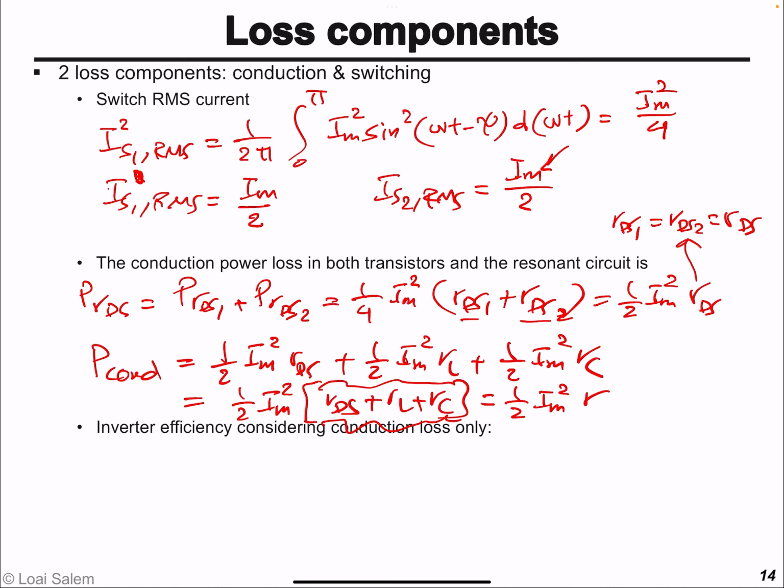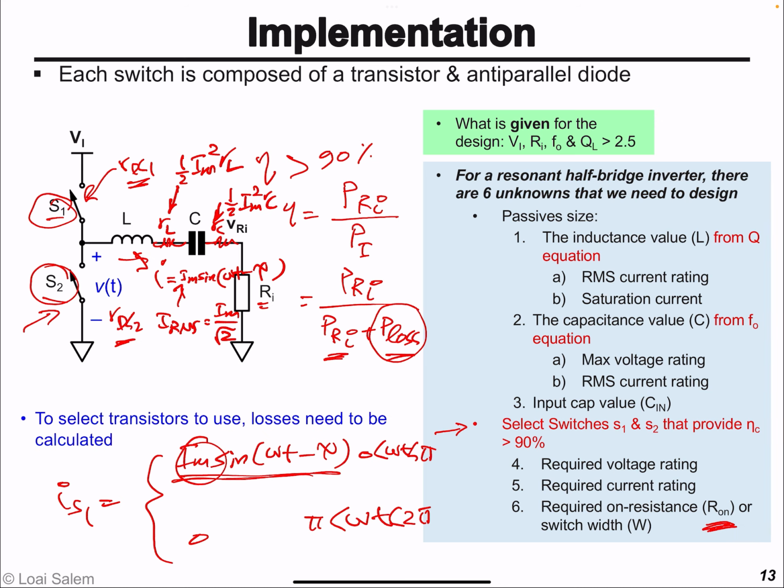Now, this calculation doesn't take into account the conduction loss that happens in the parallel diode, either the body diode of the employed transistor or an explicit anti-parallel diode that's connected across the switch, just for simplicity.